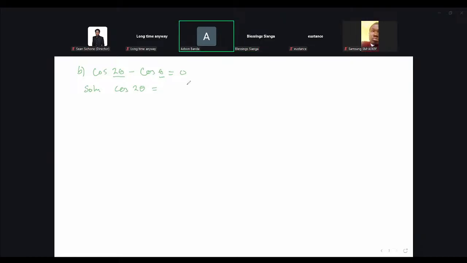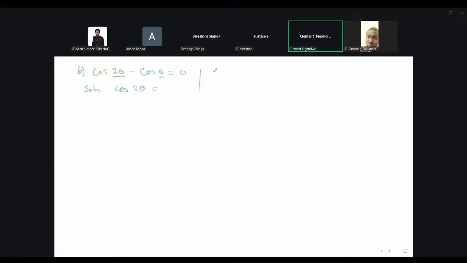Okay, so tell me how the identity looks like. The identity, tell me the identity that we are going to use. You said 2 cos squared theta minus 1. So this is the cosine of 2 theta.